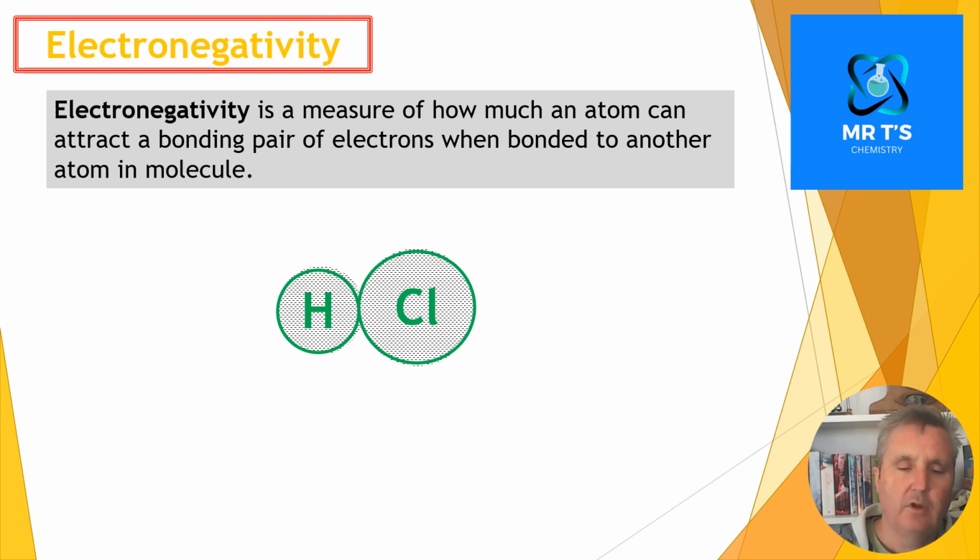The electrons will not spend their time equally around each atom. One atom might have more of a share of the electrons' time because it has a higher electronegativity, and actually chlorine does compared to hydrogen. Now the consequence of this is that the chlorine will have a dipole moment of delta negative and the hydrogen will have a dipole moment of delta positive.